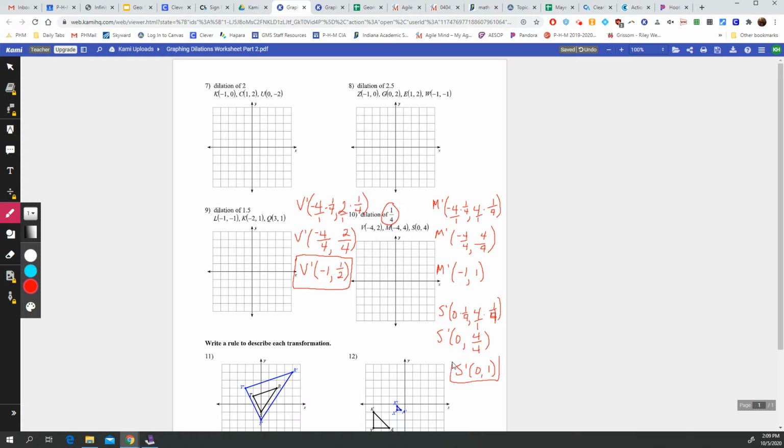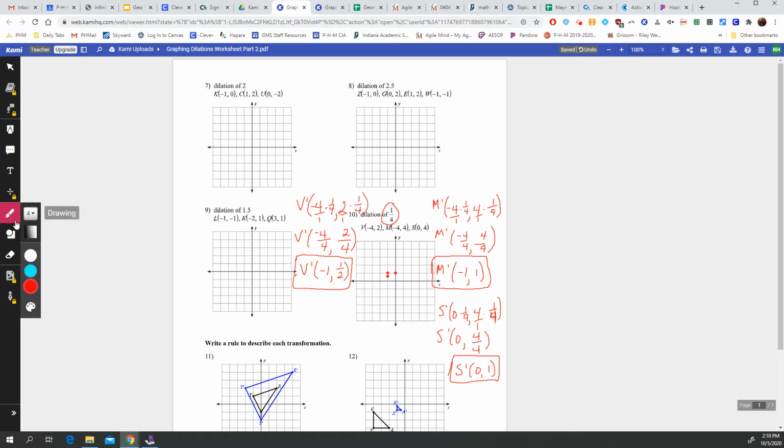And now we just need to take all these coordinates of the vertices of the image and plot them. So -1, 1/2 would be approximately right there. -1, 1 would be right there. And then 0, 1 would be right there.